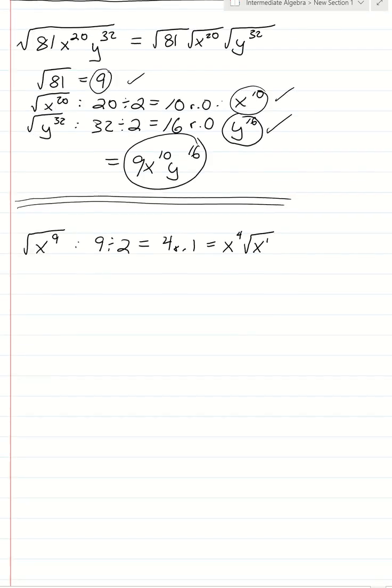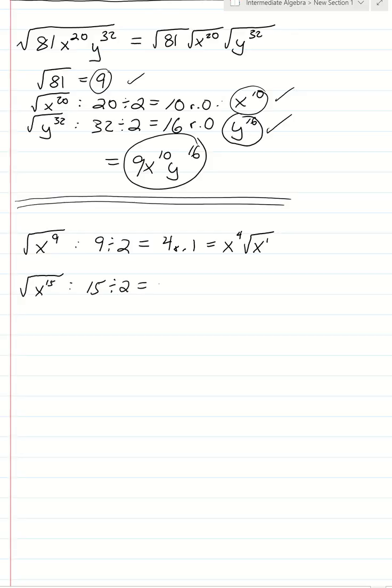Let's do another problem. Let's take the square root of x to the 15th power. Once again, x to the 15th power is not a perfect square variable. So I'm going to take the exponent 15 and divide it by the root index 2.